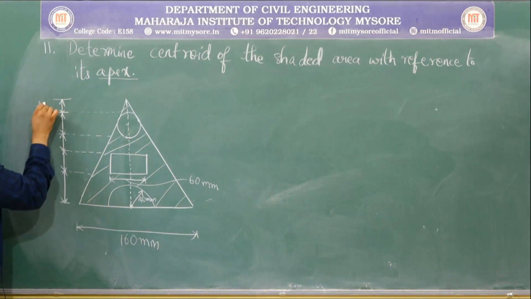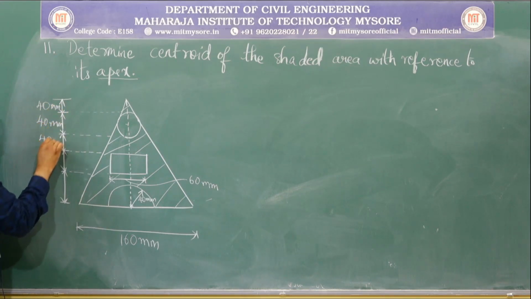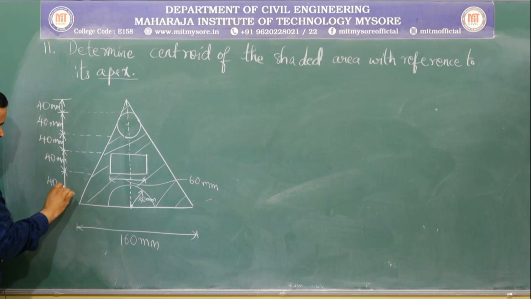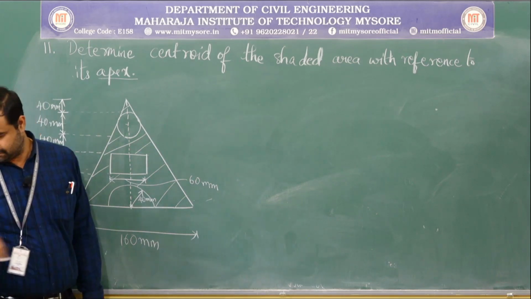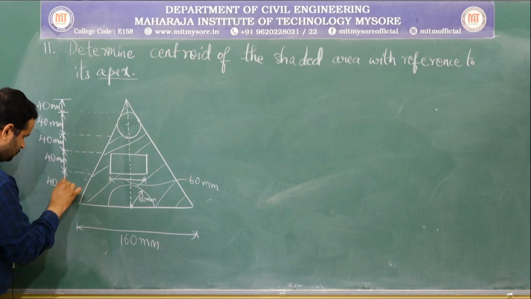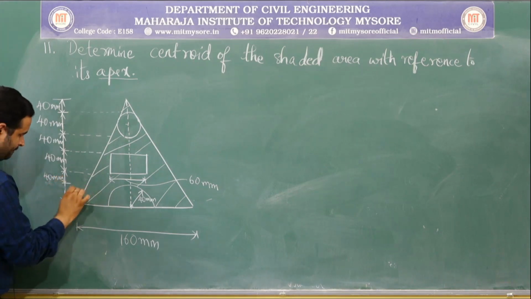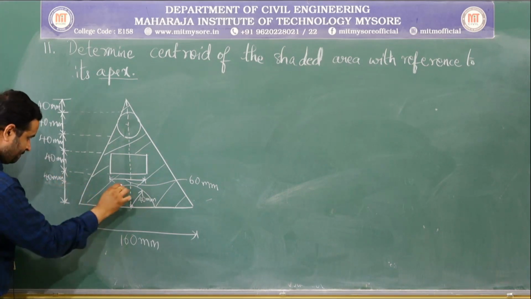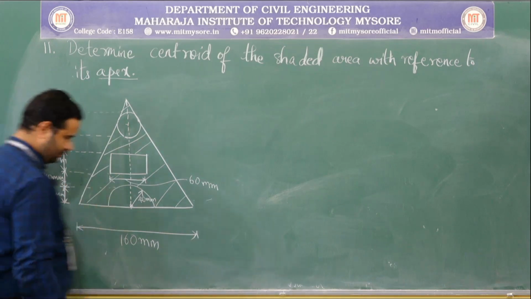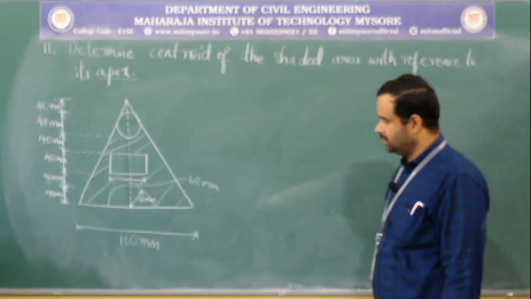So, all these dimensions are 40 mm. So, these are the dimensions given for this particular shaded region or the triangle.